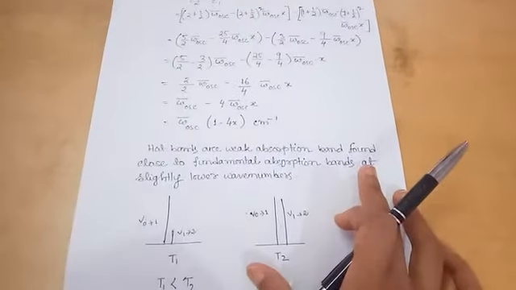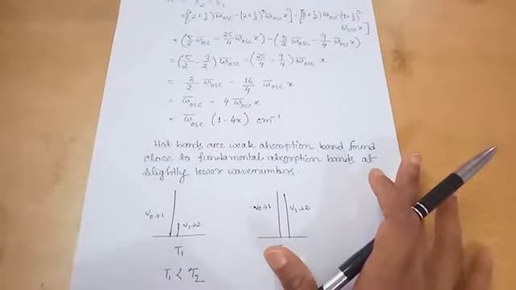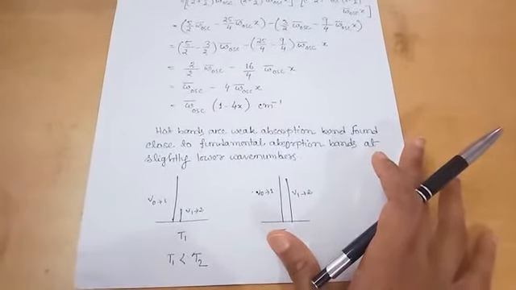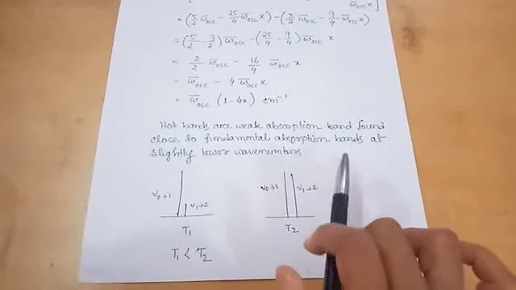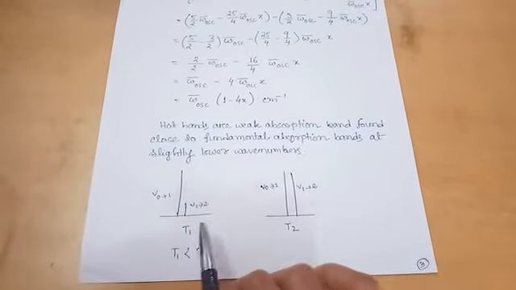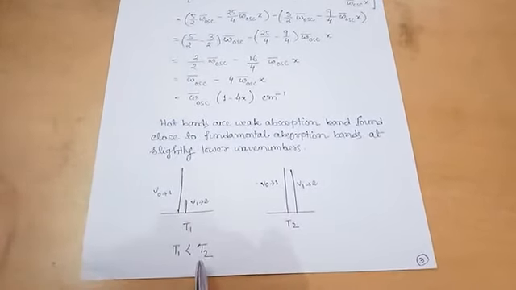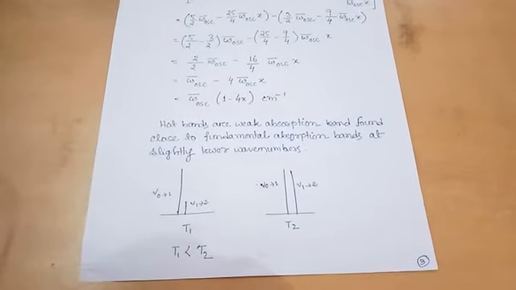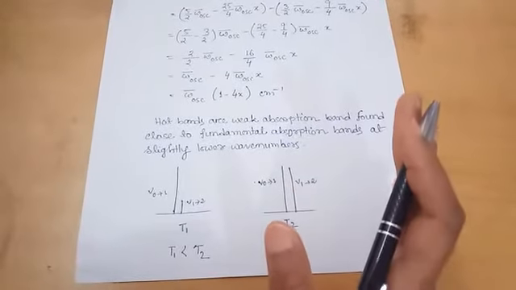So hot bands can be observed as a weak absorption band near the fundamental absorption band. Suppose we take two temperatures T1 and T2, where T1 is lower than T2. So how do the intensities of the fundamental and hot bands look?